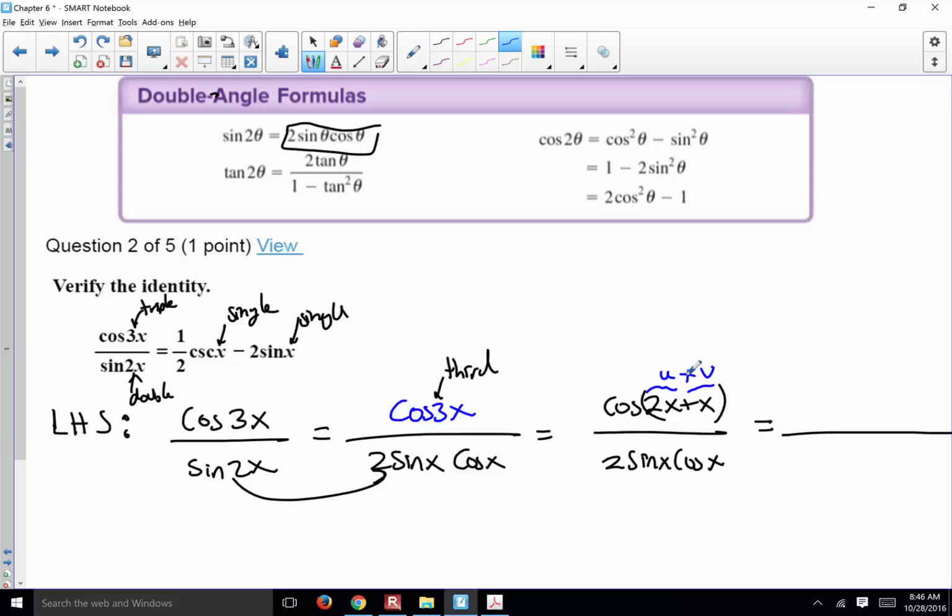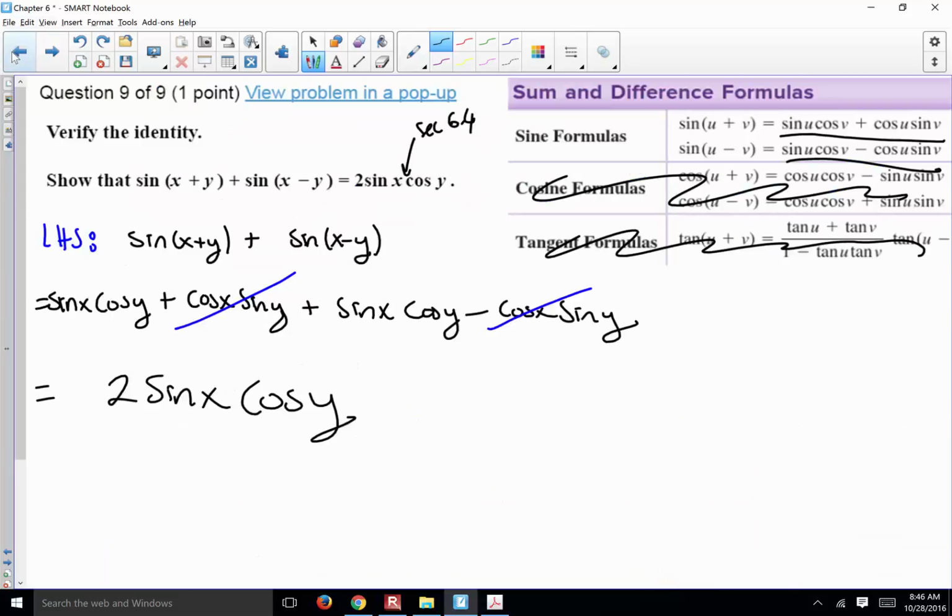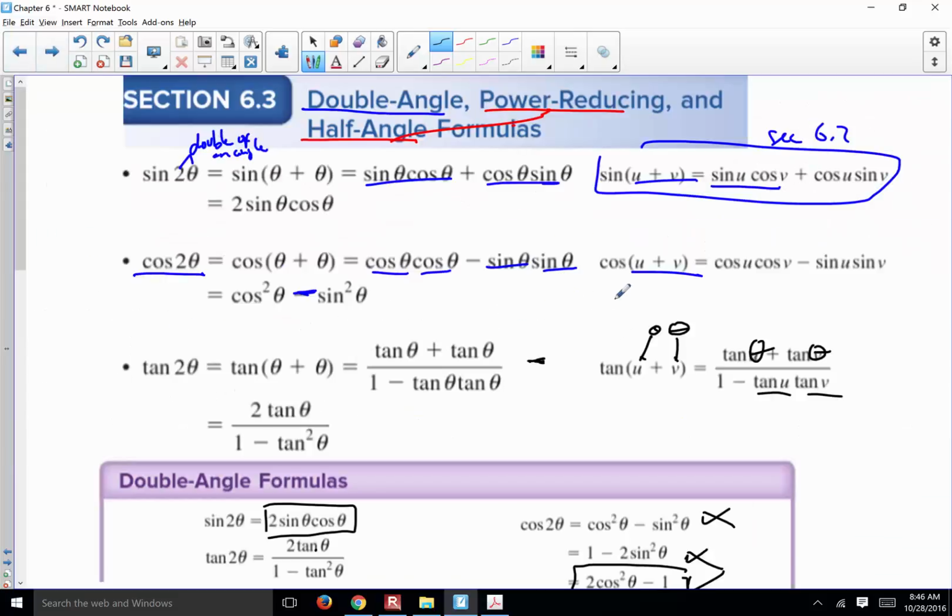What is the cosine u plus v formula? It's cosine u cosine v minus sine u sine v.